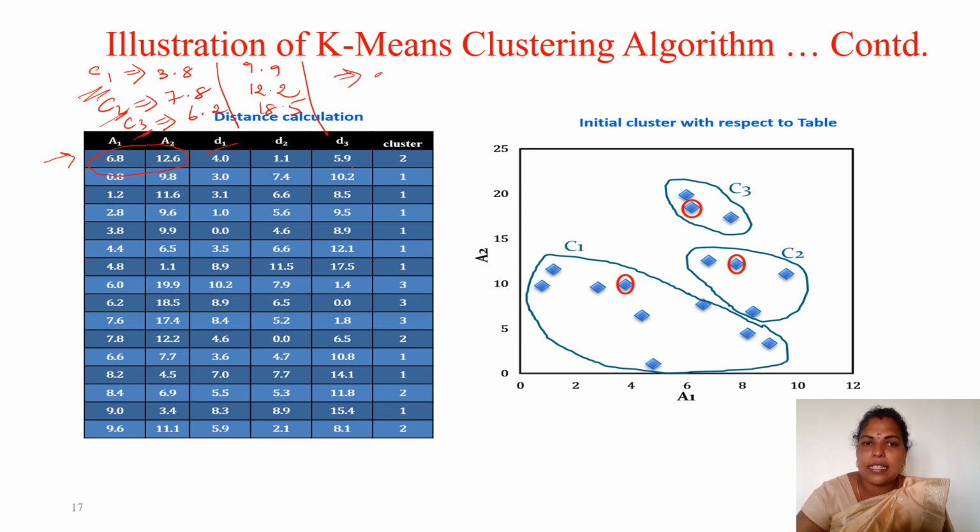For the first case, D1, you consider this as one point and the centroid as another point.